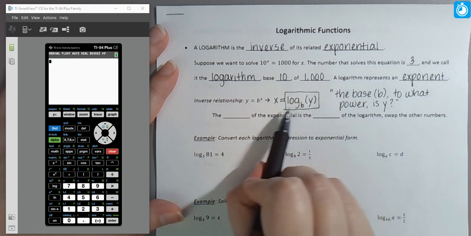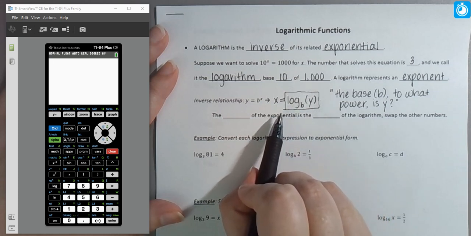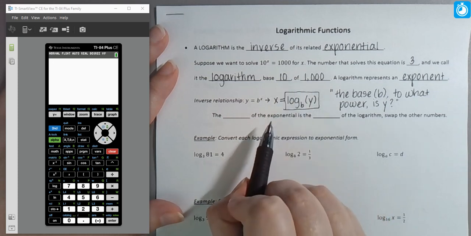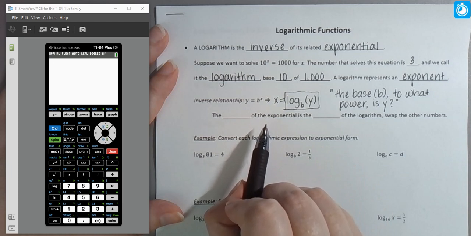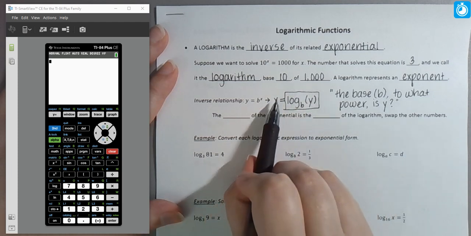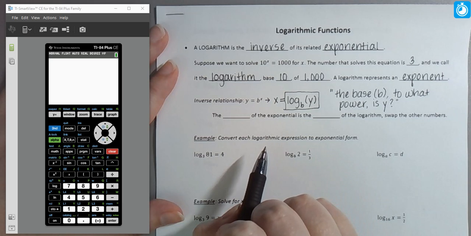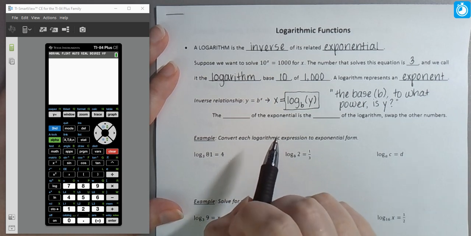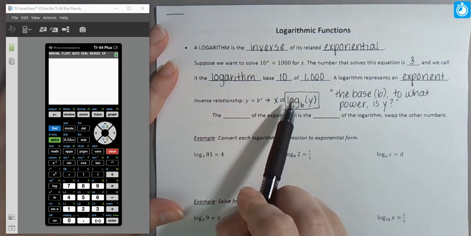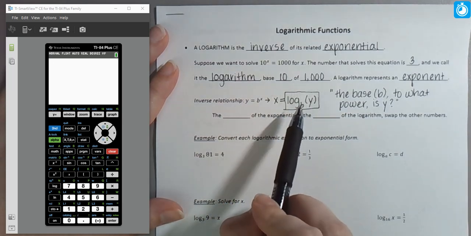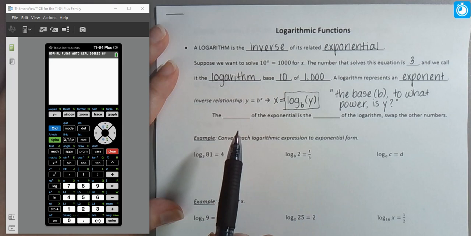So when we evaluate this logarithmic expression, x is going to be the answer. It's going to be the value that this logarithm evaluates to. Once we put some numbers in there, it'll probably make a little bit more sense. But the biggest thing to remember is anytime we see something logarithmic, it also corresponds to something exponential.